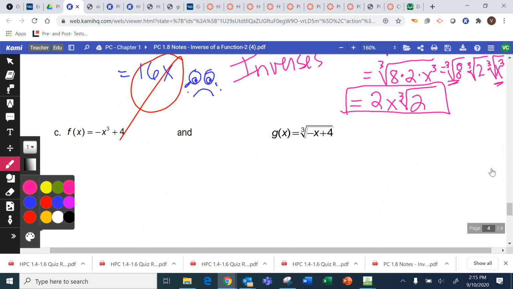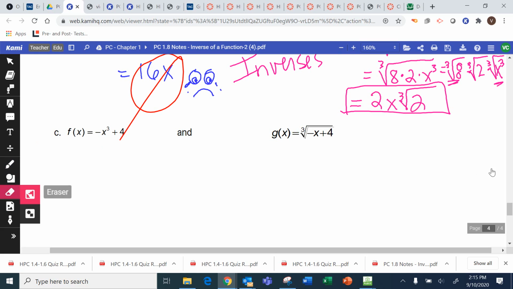If you want to work ahead of me, I can stop talking for a half a second. You can work ahead of me and see if you can do the f of g of x part on your own, and then I will go over it.